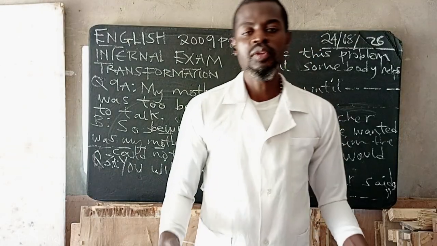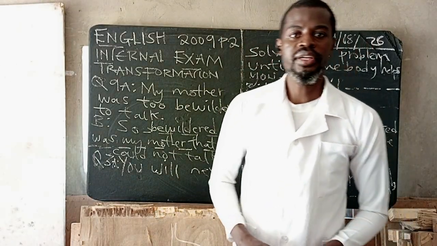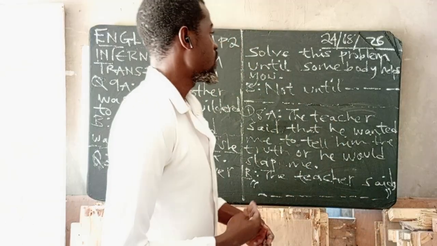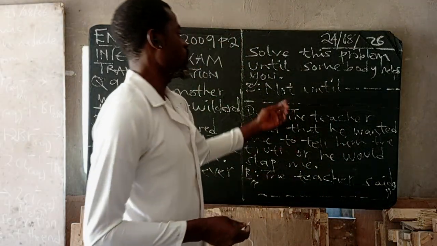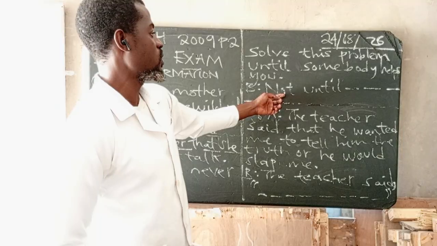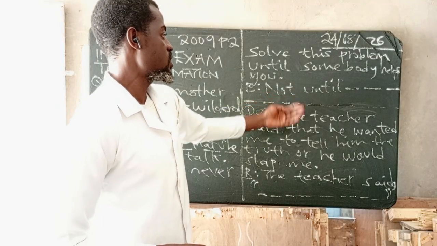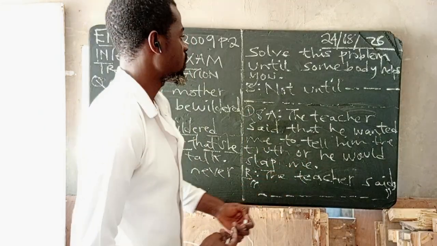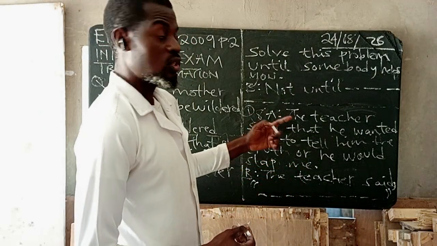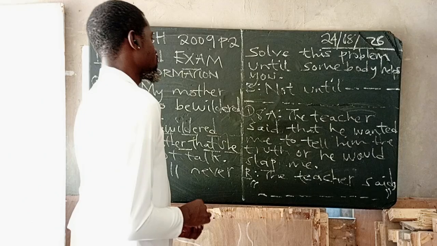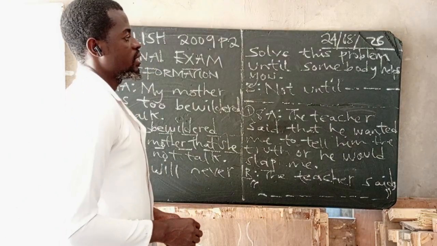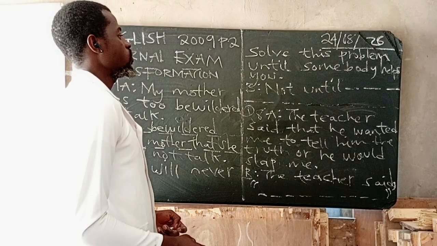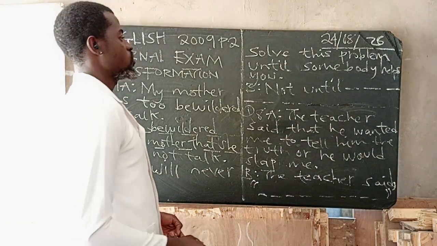I was just talking about the inversion structure, where you're supposed to start with the auxiliary verb first before the subject. Even here, they started with not. So if they start with such a word as not, it's supposed to use the auxiliary verb before the subject. It falls under conditional sentences type number 1. Remember, those guys who've been following, that is a probable condition. So not until somebody helps you.